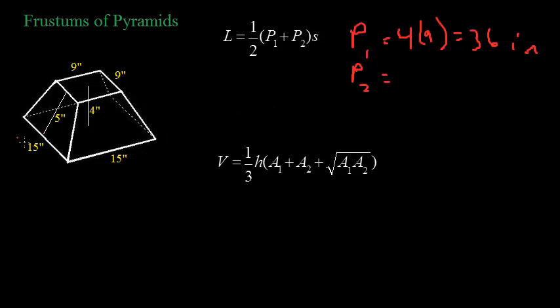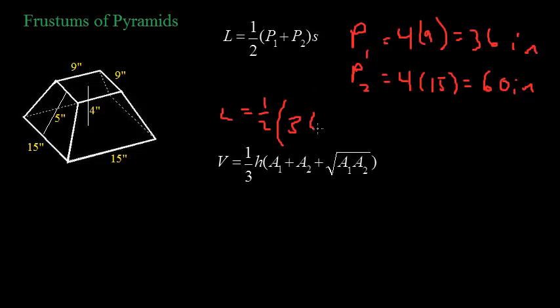Again, it is a square, with sides 15, so perimeter is 4 times 15, and we get 60 inches. Our slant height, again, slant height is this height here along one of the sides. It is 5 inches. So therefore, our lateral surface area is equal to 1/2 times P1 of 36 plus P2 of 60 multiplied by our slant height of 5.